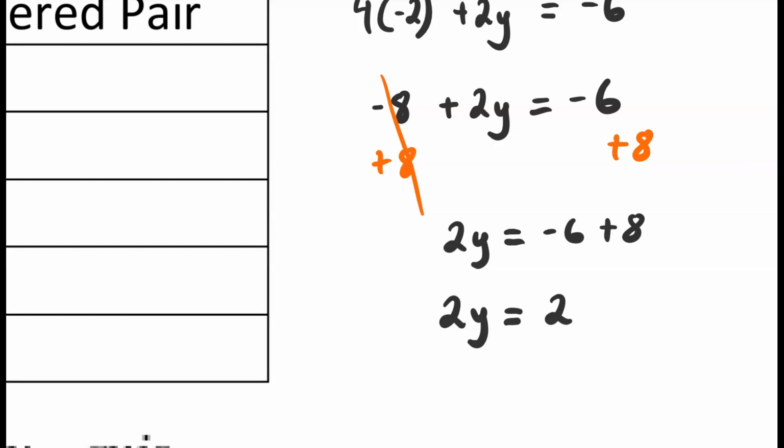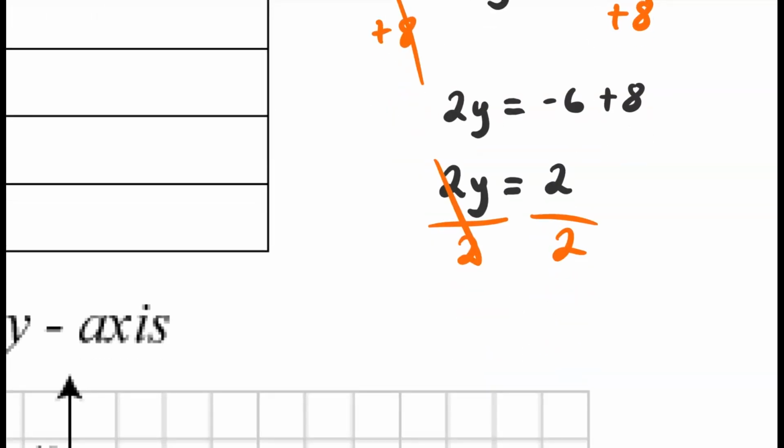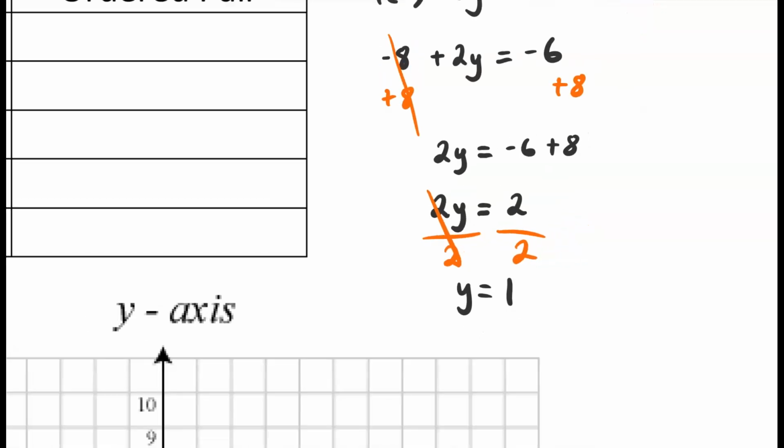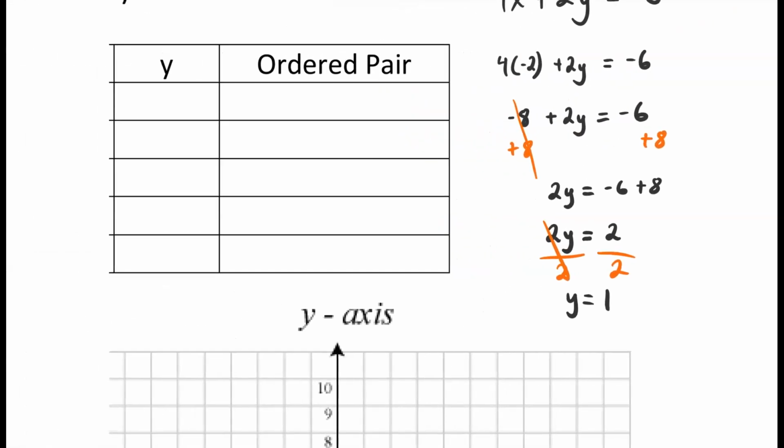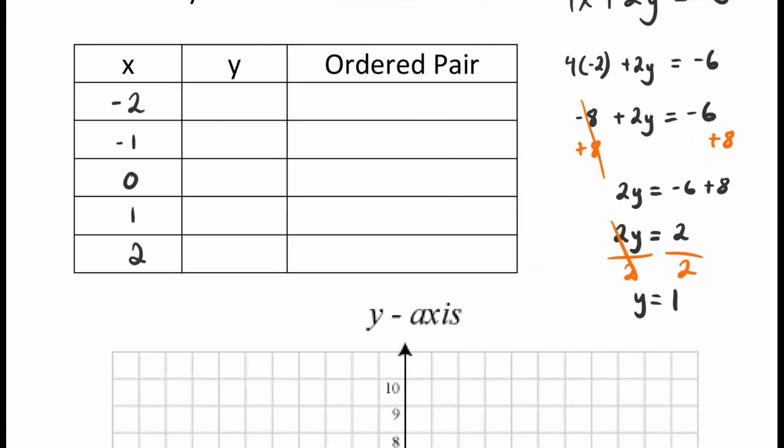Now to get y by itself, divide by 2, cancels, have to do it to the other side, divide by 2. So y equals 1. So we were able to solve this without manipulating the equation.